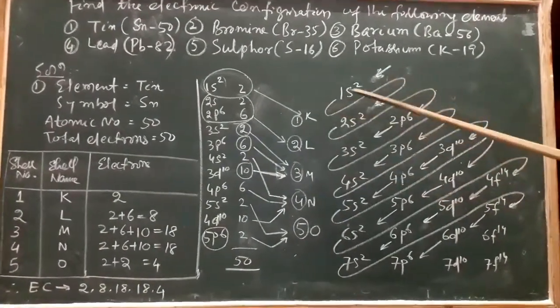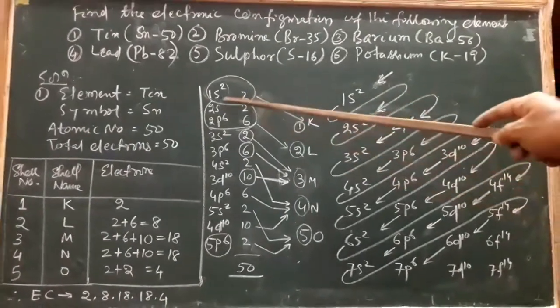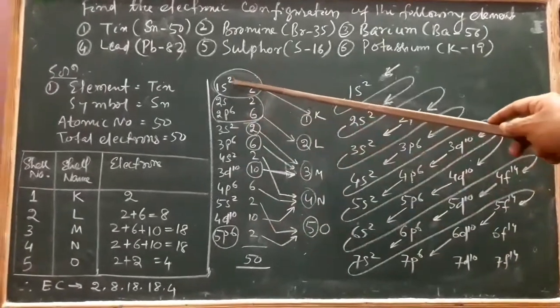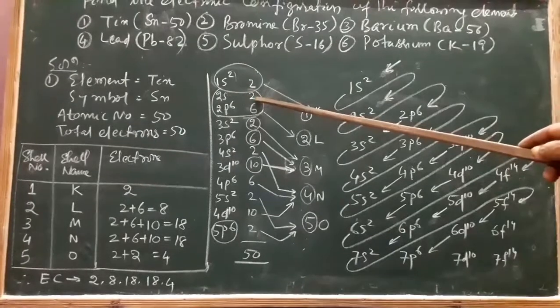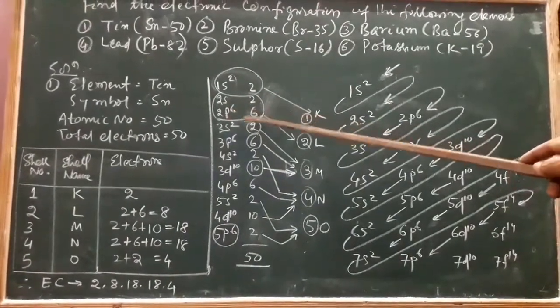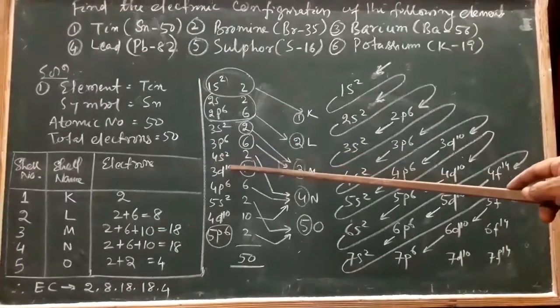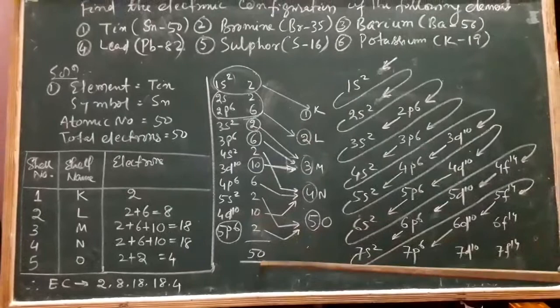Whatever stations I am meeting, I write them and calculate. 1s2 has 2 electrons, 2s2 has 2 electrons, 2p6 has 6 electrons, 3s2 has 2 electrons. I wrote only the electrons, and the total number of electrons I add up is 50.